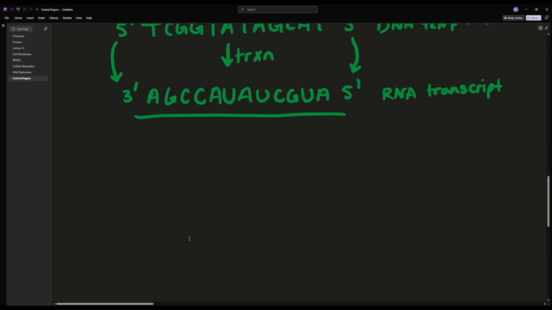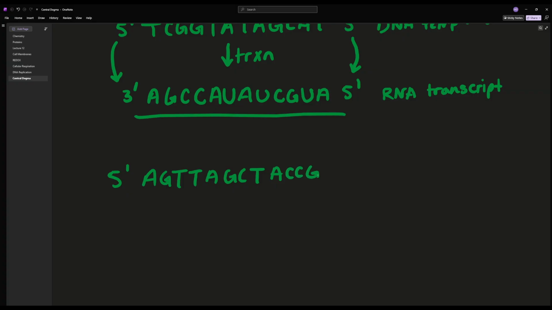If I were to give you now a DNA sequence, and once again, for funsies, let's say 5 prime up here, AGTTAGCTACCGAT, I don't know, 3 prime.